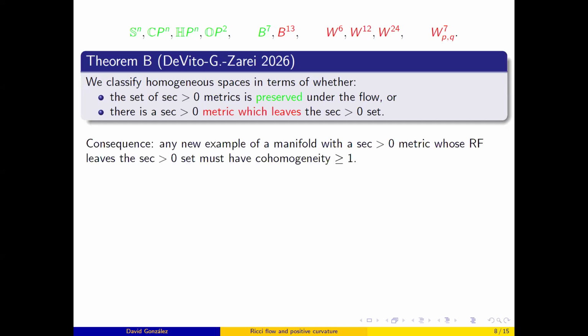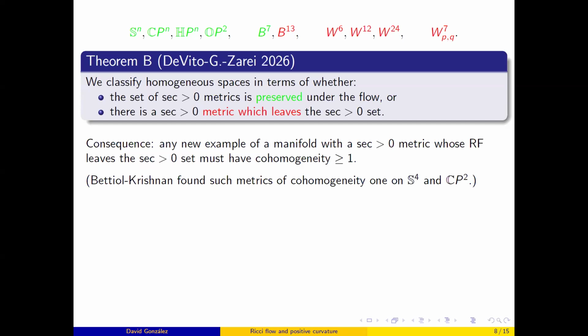So I guess one of the consequences of this theorem is that if you want to find a new example of a manifold with a positively curved metric which flows outside the positive curvature set, then this example cannot be homogeneous. It must have homogeneity at least one, where things are much more complicated. So obviously the homogeneous case is the easiest one. However, it can be done.